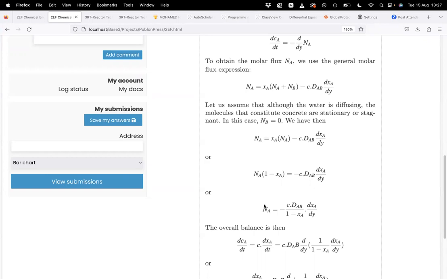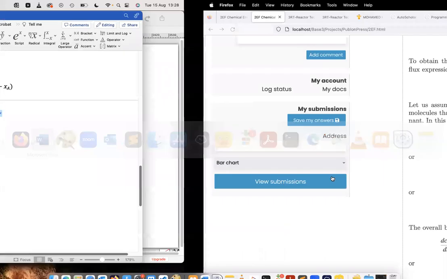Just a second, I just want to check. Yeah, so if NA equals 0, I just don't want to lose a solution here. If you apply the 0, you can easily lose a solution unnecessarily. But okay, if NA equals 0, let's take it that dxa dy is 0.